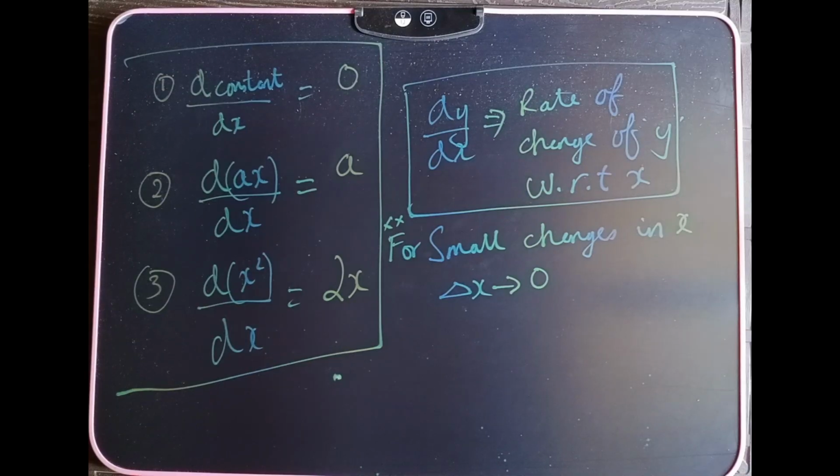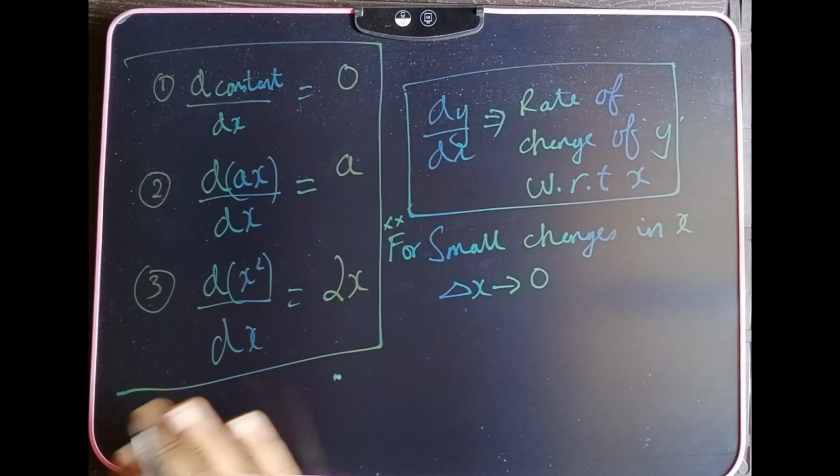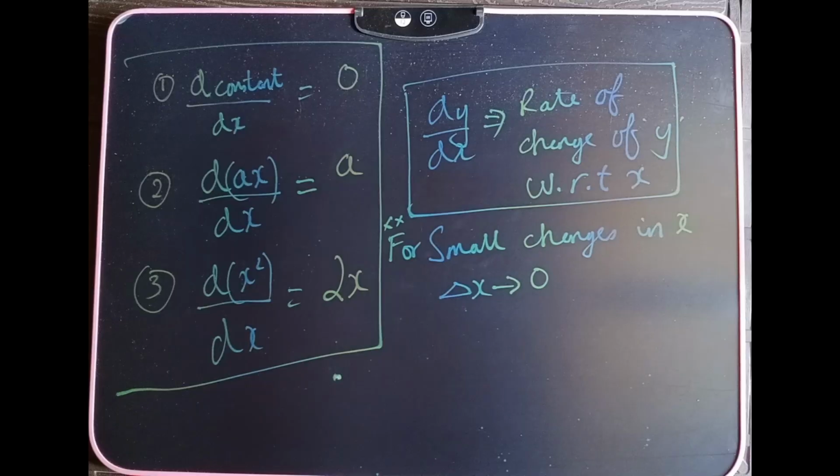With this we can close this part of the session. This is for derivative. Next we will see the next aspect. We will see the rules of derivatives in the next video.